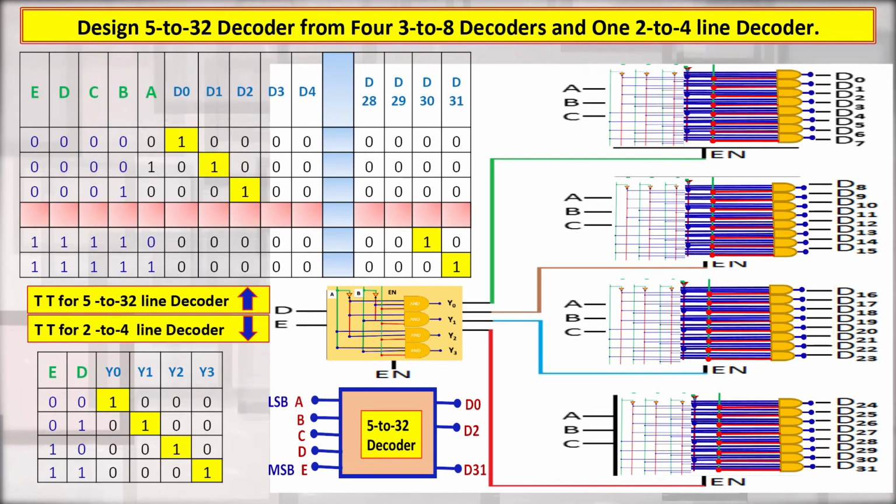and the enable pin of the first decoder is connected to the first output pin of the 2 to 4 decoder. The enable pin of the second 3 to 8 decoder is connected to the second pin of the 2 to 4 decoder.